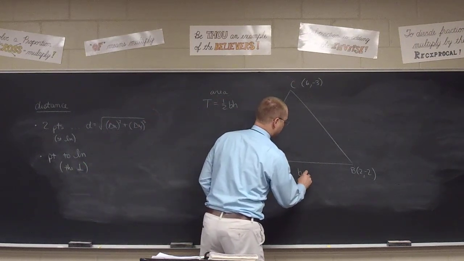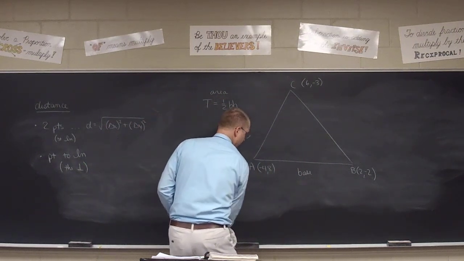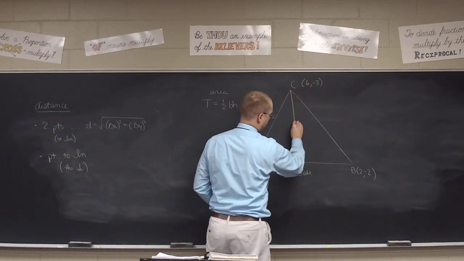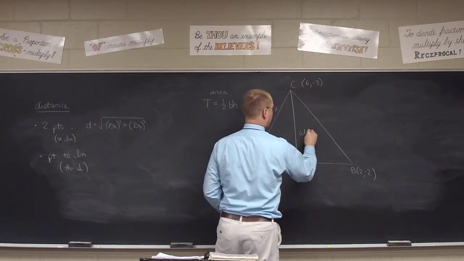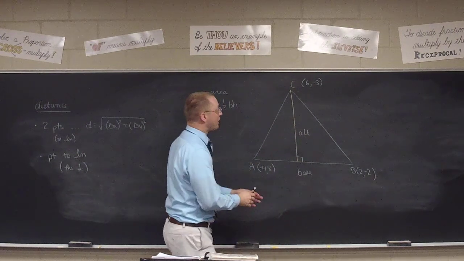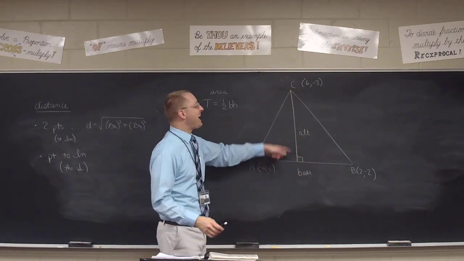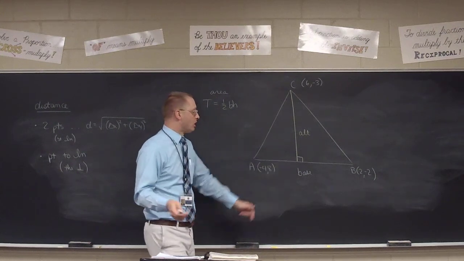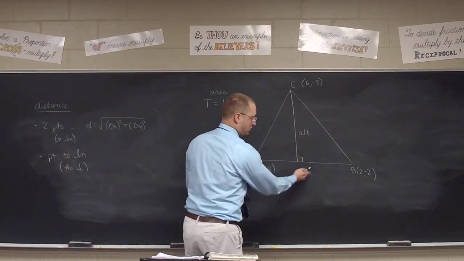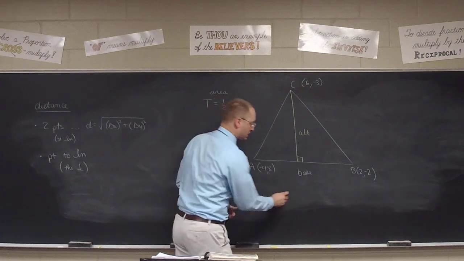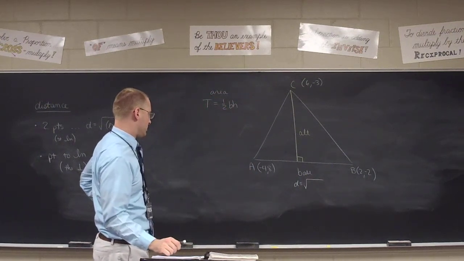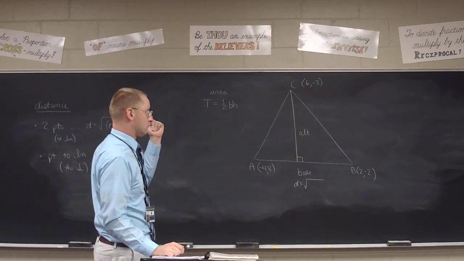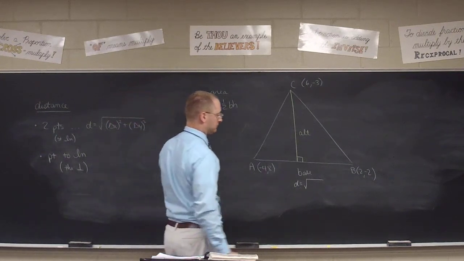If this is the base, then we need the altitude as well. We specifically need the length of the base and the length of the altitude, right? The length of the base shouldn't be too bad. Just use the distance formula. What do we get?